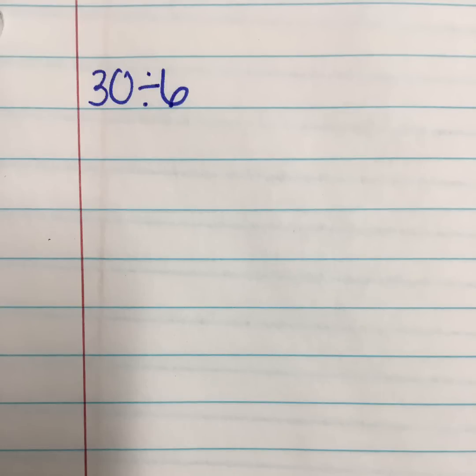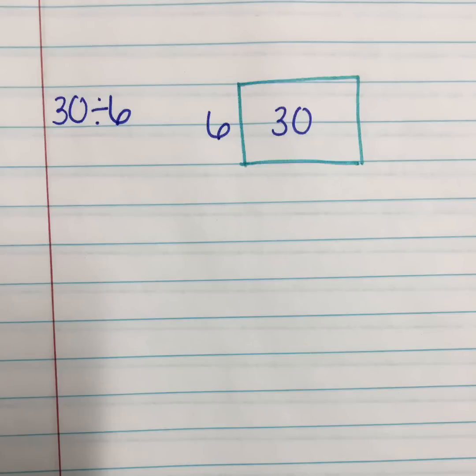Okay, here's another problem. Maya bought 30 stickers from another roll that had 6 stickers in each segment. How many segments did she buy this time? Your expression is 30 divided by 6. Let's make an array or an area model to express this. So remember, the center of the area model is going to be 30 because that's like my area.